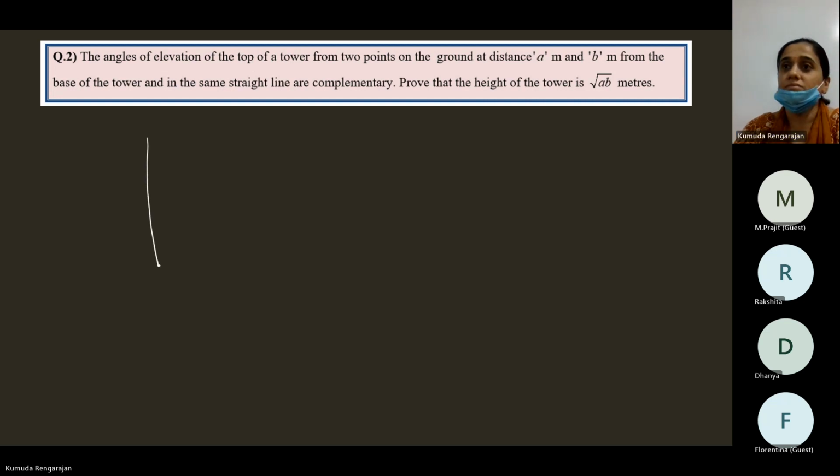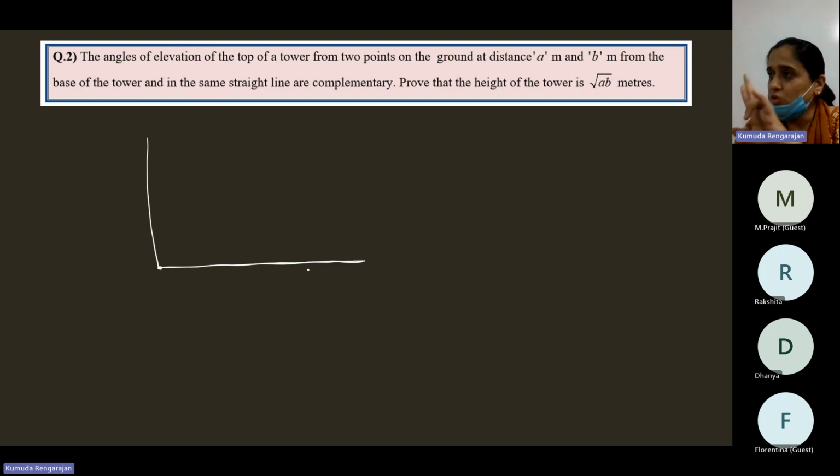Tower. This is the base of the tower. This is the straight line through the base of the tower. Take 2 points on this straight line.